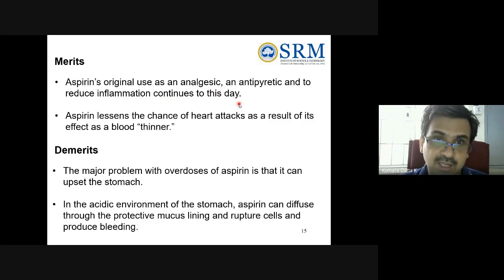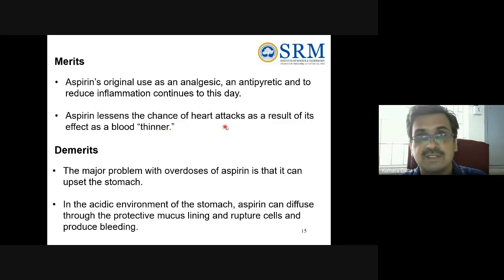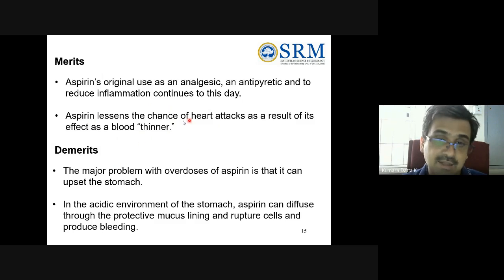Even till today, people use aspirin for various functions. It also decreases the chances of heart attack because of its blood thinner effect. Again, it must be taken at normal doses; we cannot take high doses.